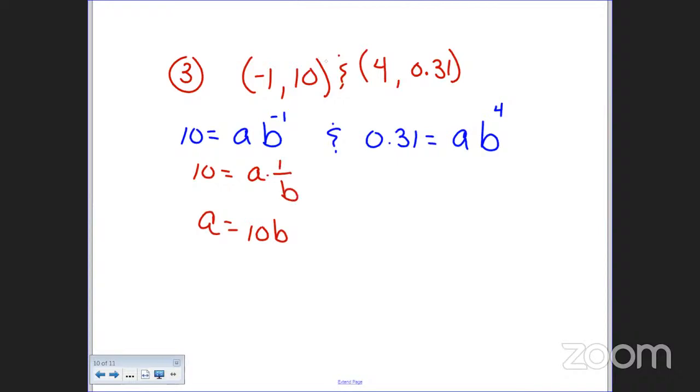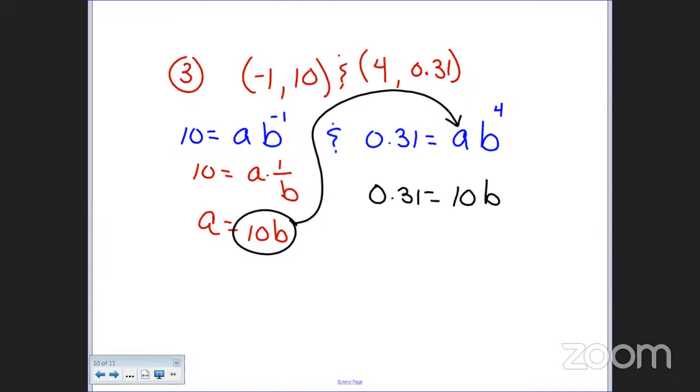So I'd multiply both sides by B, I'd be at this part right here. Okay? What do I do with that? I substitute this in place of A on the other equation. So I get 0.31 equals 10B to the what? 10B to the 5th power? Because this would be 10B to the 1st. 1 and 4 is 5.